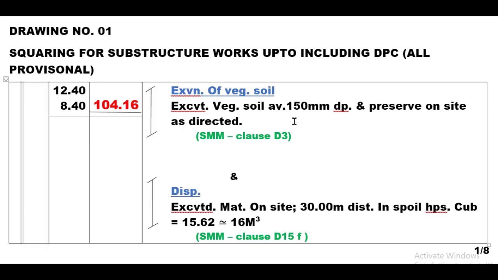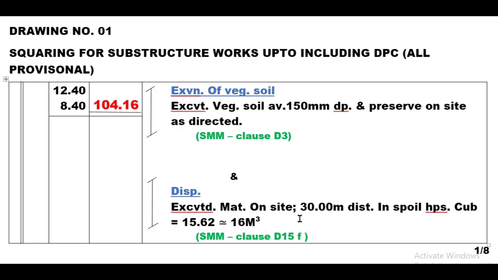So this one being less than that, I'm writing it in the description column. If I multiply 0.15 by 104.16, I get 15.62, which is approximately 16 cubic meters. So if I have to prepare bills of quantity, I'm going to use 16 cubic meters as the volume of the soil which is disposed on site.